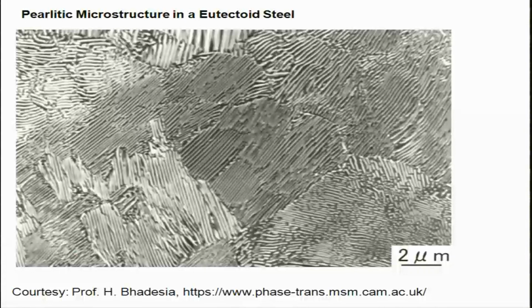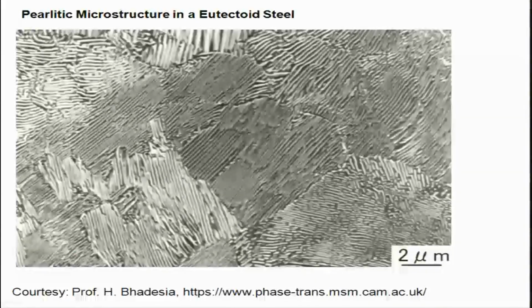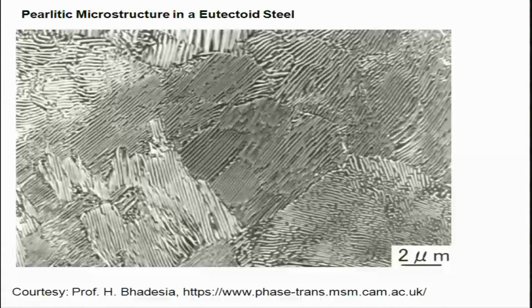You have these parallel plates of alpha and Fe3C. Alpha is the brighter phase. You can see that there is a larger proportion of alpha than cementite, so thicker plates will be that of ferrite and the thinner plates will be that of cementite. This kind of parallel plate, lamellar microstructure is called pearlitic microstructure. Pearlite is not a phase, it is just a mixture of alpha Fe and cementite.